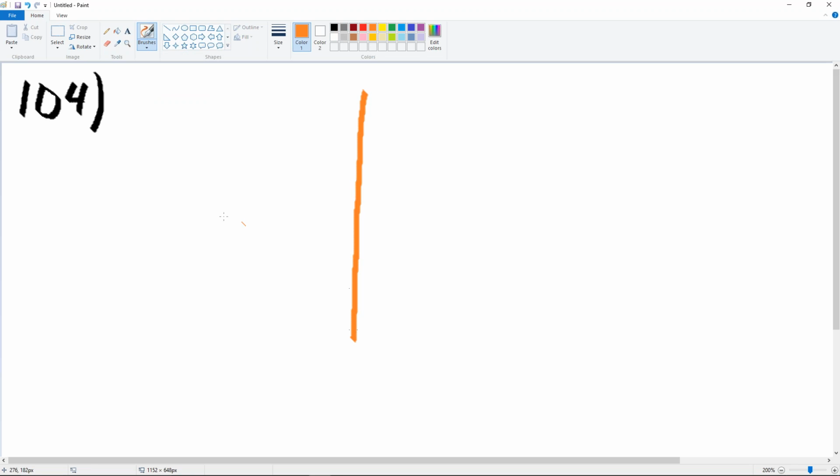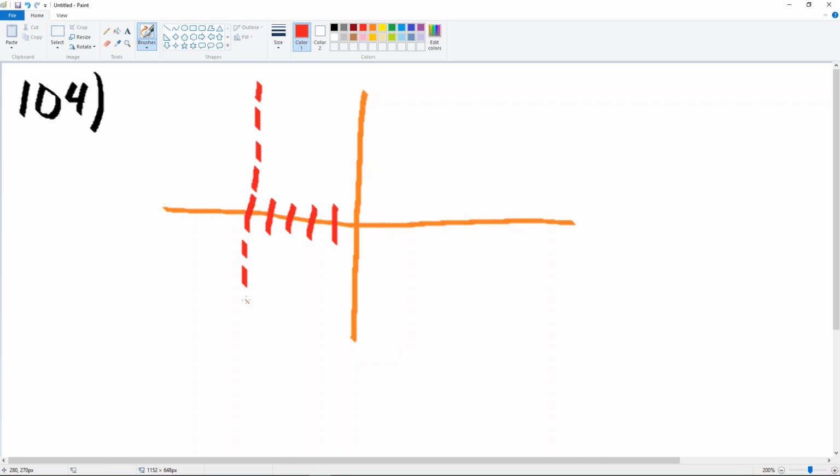So I believe if we try graphing this, it's going to look like this. Because if you set the bottom equal to 0 and you solve for x, you get x equals -5. So it's going to have a vertical asymptote at -5.